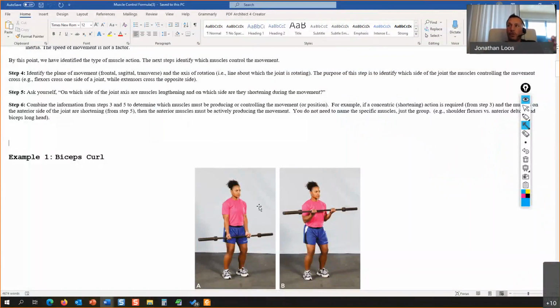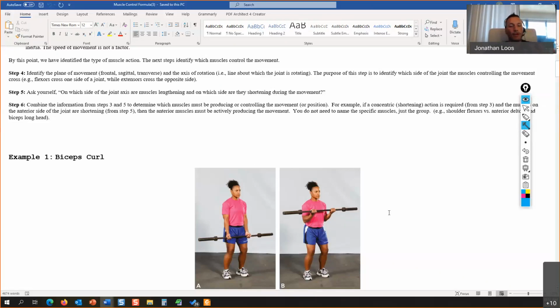Now unit 2, first part: was this movement going against gravity or with gravity? Well, gravity is always down, and I moved up, so I overcame gravity. I was going against gravity, so that's a concentric function. Next step is which muscle groups were involved.